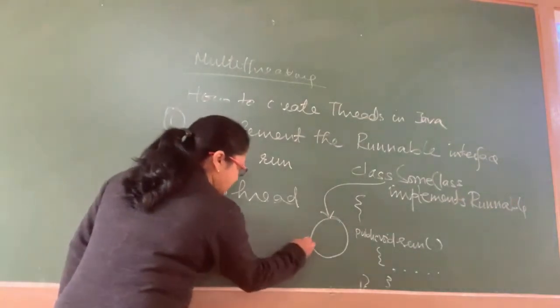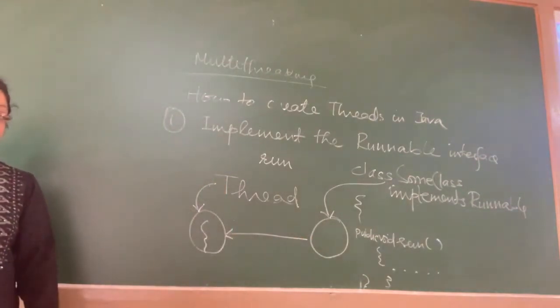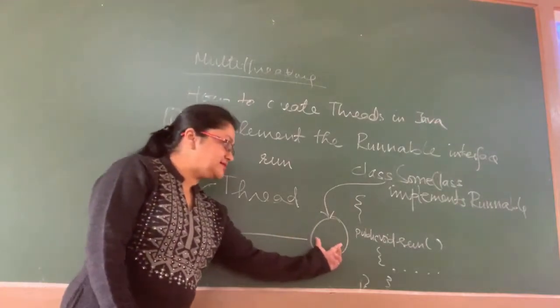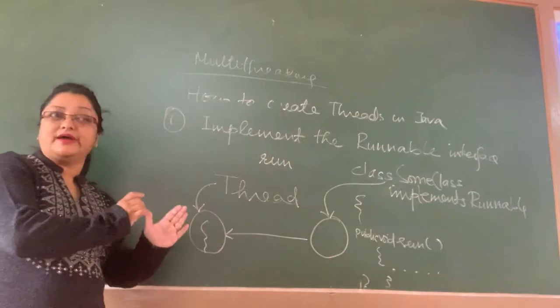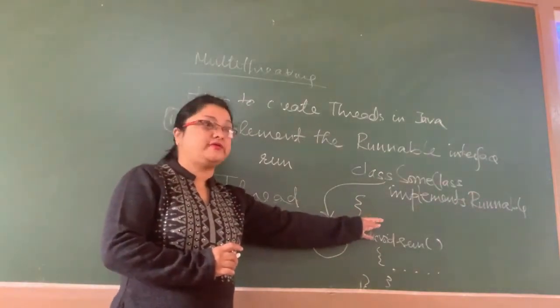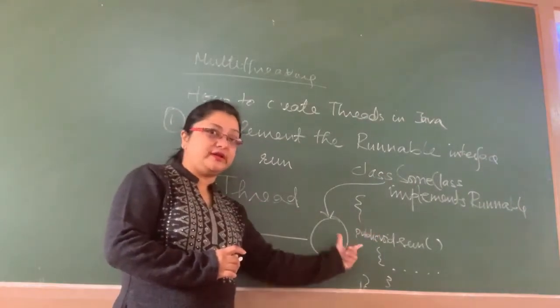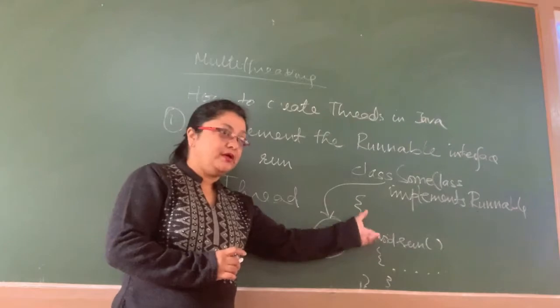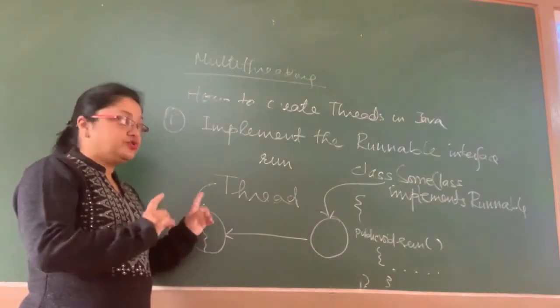Now we assign this task to this thread. Only when it is assigned to a thread will it run parallelly. This object cannot run or execute at the same time on its own, so you have to give it to a thread.